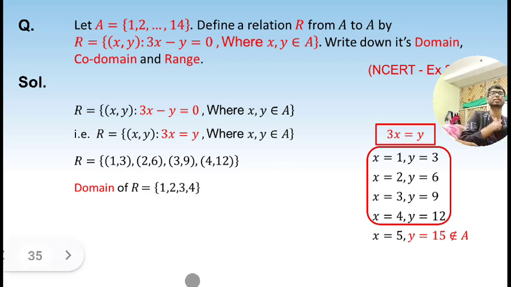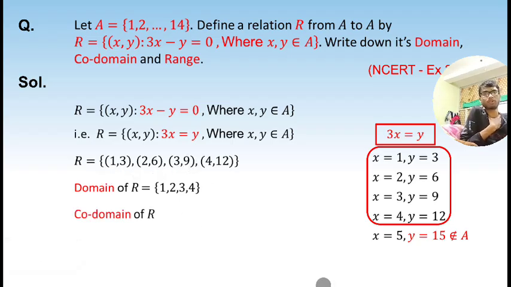So you can see the domain of R is these x values 1, 2, 3, 4, and the codomain will be all y values. But whatever output we get after entering the input, when we enter this input, then we got this output.